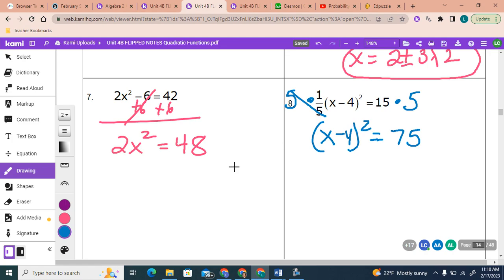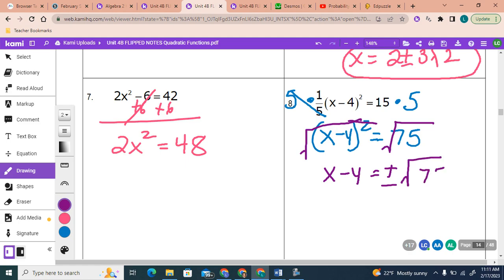Whenever all I have is a squared, I undo it. So I'm going to take the square root. What I do to one side, I got to do to the other. So I have x minus 4 equals plus or minus the square root of 75.